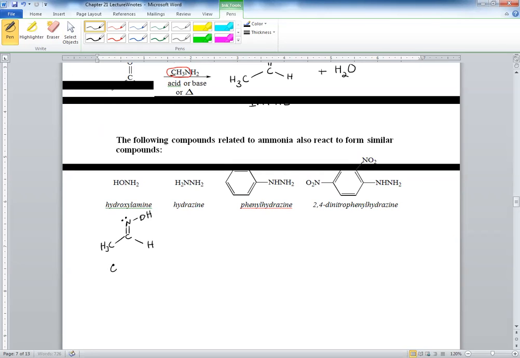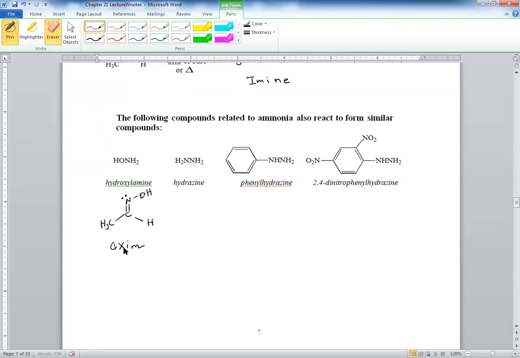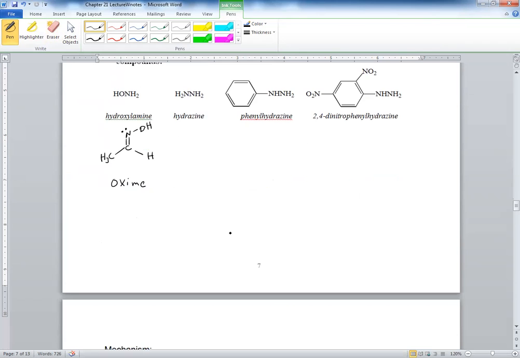So this is called an oxime. Let me just write it. I'm not asking you to know the name, but I just want to write its name so you would know what this is called. Of course, the other things also would produce, again, the product with whatever attachment. So let's look at the mechanism because that's important.